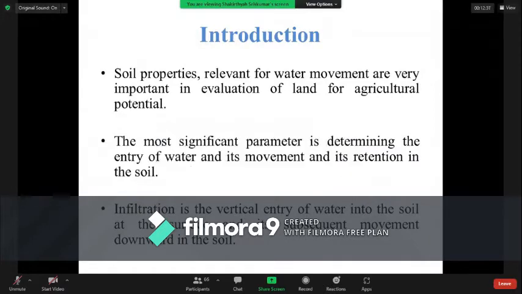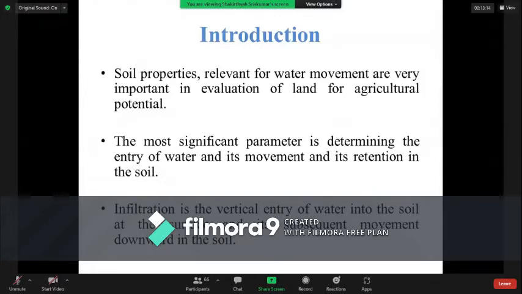Think, if a land has low infiltration capacity, then what will happen if you plant on that land? You need to irrigate your plants. Most of the irrigated water is lost from runoff and evaporation, so plants can't utilize the irrigation water.